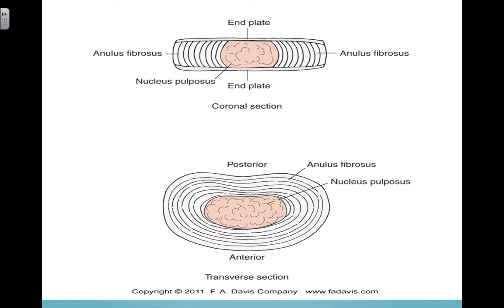So here we see a little bit greater detail of the intervertebral disc. This is review from anatomy, understanding the annulus fibrosus in here and the nucleus pulposus. That nucleus pulposus is a hydrofluid-filled center, and this annulus fibrosus is very thick and keeps that nucleus pulposus in line.